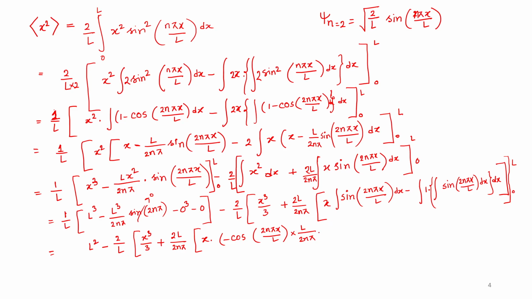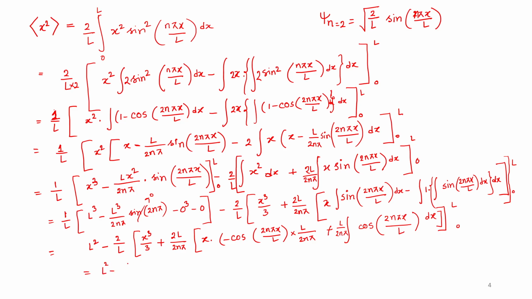So this part is also done. Yes, x sin x, this part is done. And we are left with one more integral, last integral. That would have been L by 2n pi, because sine would have become minus cos 2n pi x by L dx and L to 0. Okay, I hope I am doing it correctly.